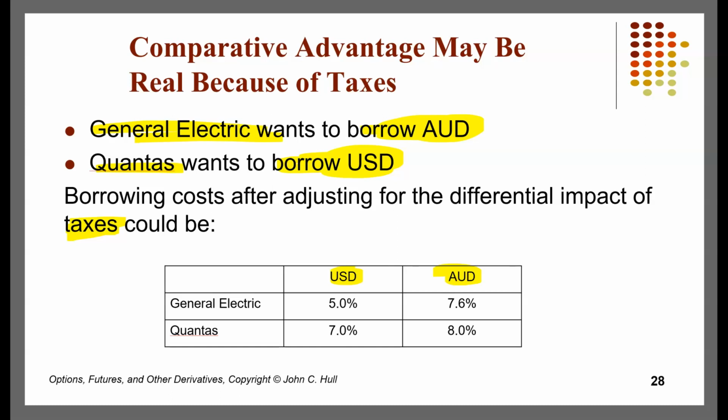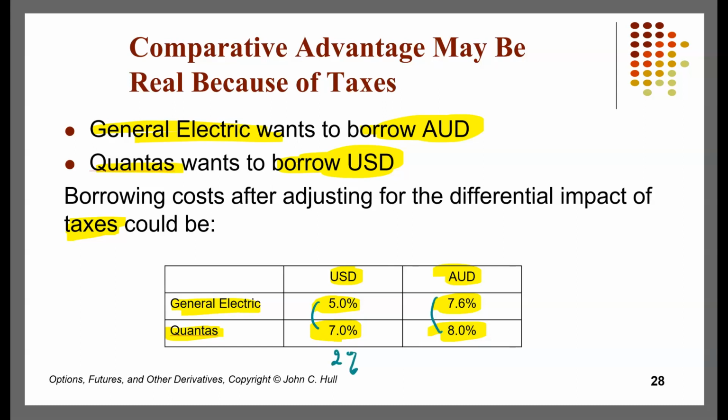And so GE here could borrow at 5% in the US and at 7.6% in Australia. And Qantas could borrow at 7% in the US and 8% in Australia. Just like what we had earlier with the interest rate swap, we can look at the spread. The difference between the two here is going to be 2%.